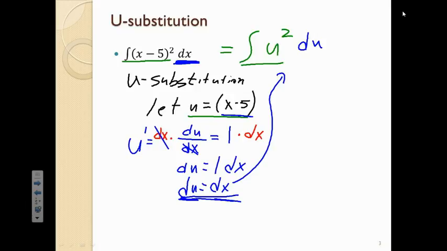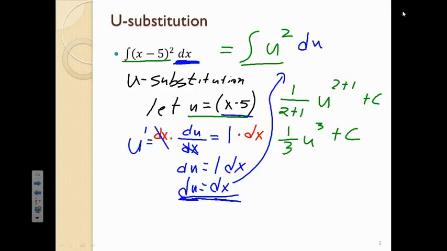So that's going to become 1 over 2 plus 1, u to the 2 plus 1. And of course, it's going to be plus c, but as long as that's on the last step, that's good. So this becomes 1/3 u to the third plus c.